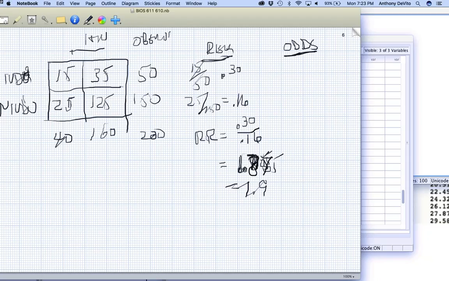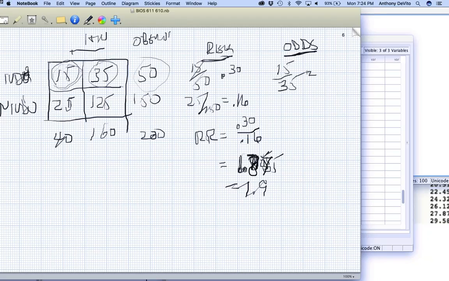How many people do we have that were IV drug users? 50, okay. Well, we have 15 that were IV drug users that are HIV positive, and 35 that are not HIV positive. So our odds of being HIV positive are 15 over 35.